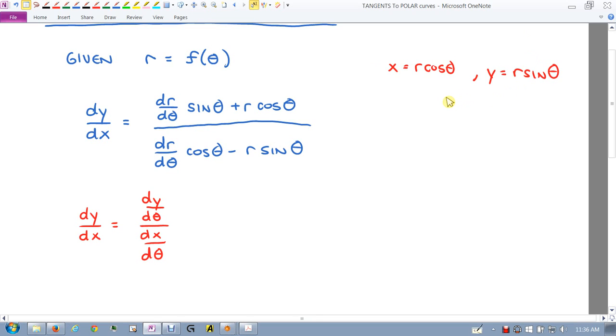Yes? But what's r? r is a function of theta, isn't it? So x is some function of theta times cosine theta, and y is some function of theta times sine theta.